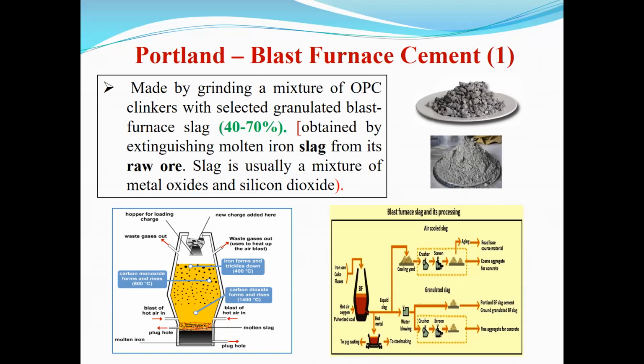Slag is usually a mixture of metal oxide and silicon dioxide. In this slide, the blast furnace cement looks like this. After grinding, it takes the shape of normal cement, that is the fine part of the cement. And here you can see the procedure, how it is being done.